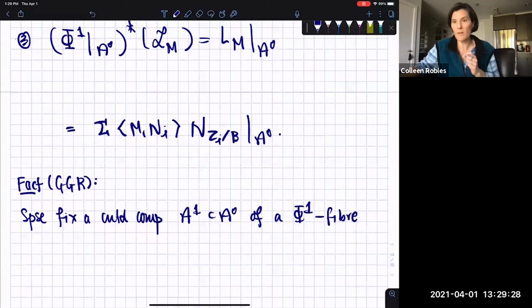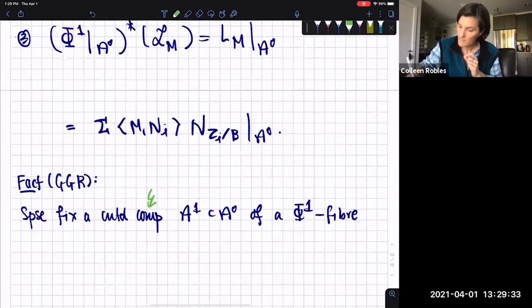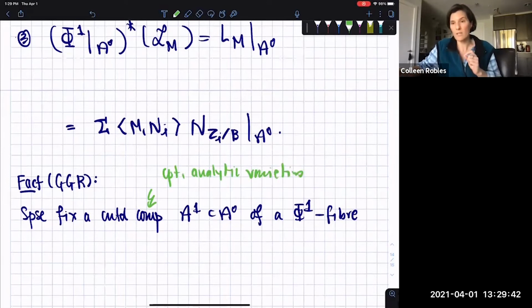So now we're looking at a compact analytic variety along which extension data of level greater than or equal to 2 varies.